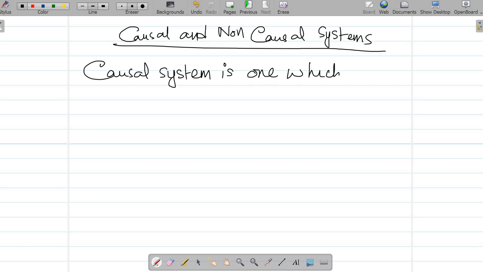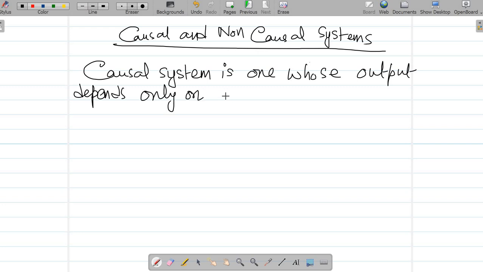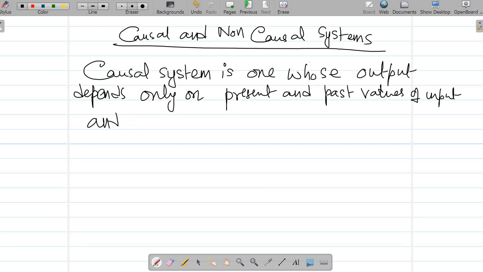One whose output depends only on present and past values of input and past values of output.